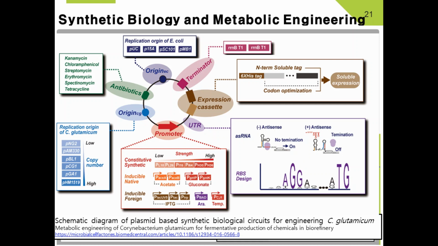Now if you take genes from different strains and put it into another strain, it is called heterologous expression. Now sometimes heterologous expression is not efficient if the codon optimization is not done. Codon optimization just means that you change the way the sequence is so that your strain can recognize it well. That's it.